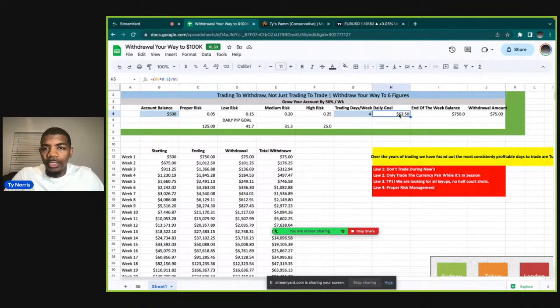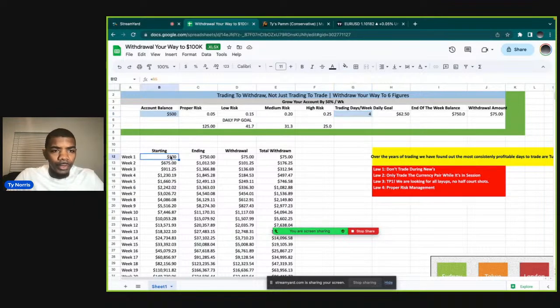It will tell you what your daily goal is, going off 4 trading days. So really you only need just 4 alerts from this indicator for the whole week, because each trade, if you're doing a 0.05, is telling you that you should make 62.50 going for 125 pips. And as y'all can see from my trades, you're going to get way more than 4 alerts in a week.